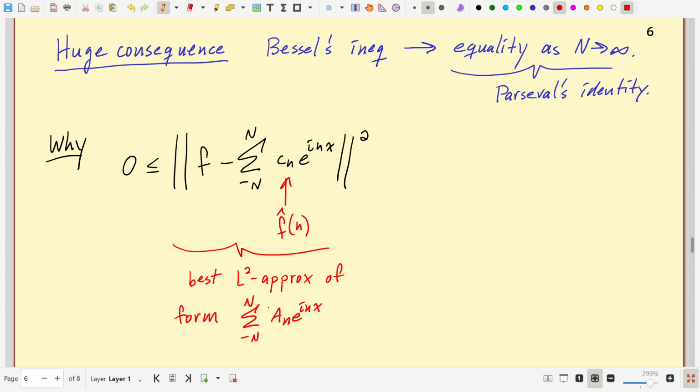That was the best one. So this would be less than or equal to f minus the sum as n goes from minus n to n of anything else. And those Fejér polynomials are of that form, so I would use the sigma n here.